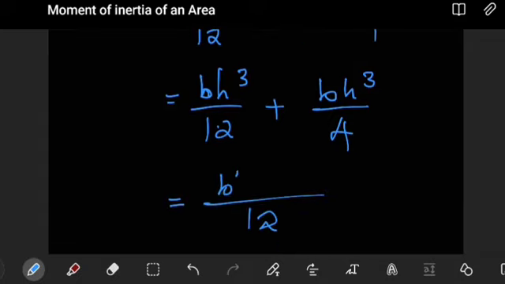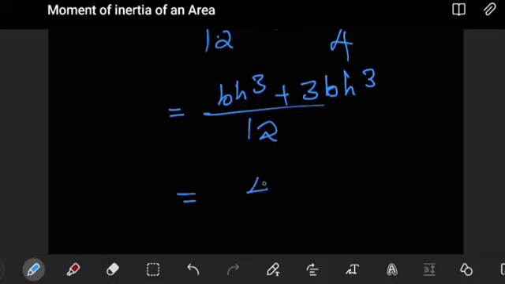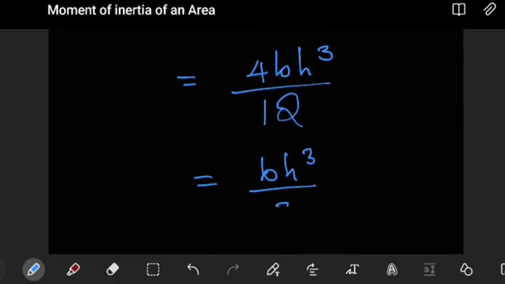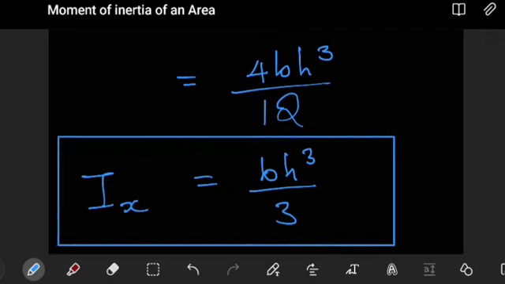This is the moment of inertia I about the x-axis. See how useful the parallel axis theorem was.